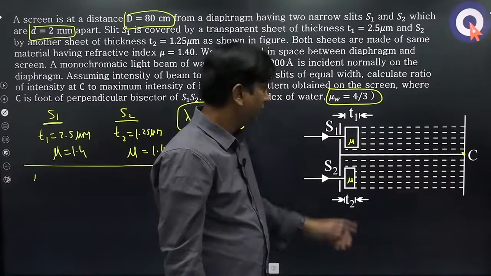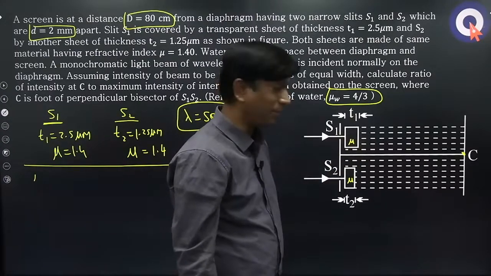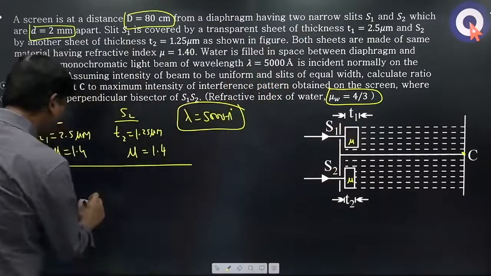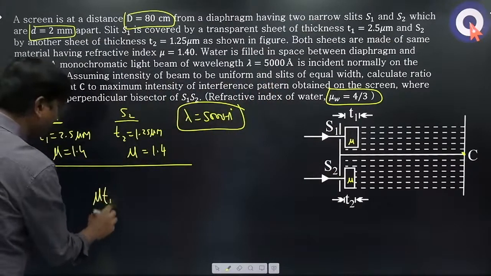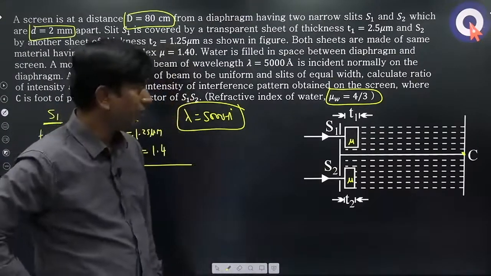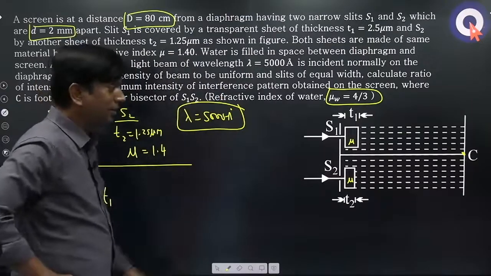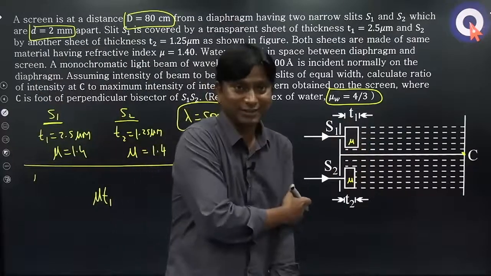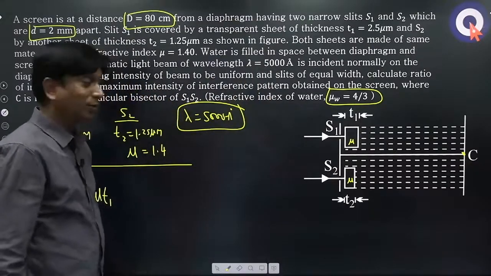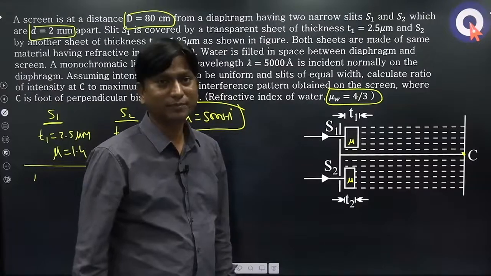The distance it is traveling in the slab is T1. So in air, will it not travel nu into T1, right? Nu into T1 in air, because of multiplying with nu. Okay, but the remaining is not air, right? So the remaining is water. So only because of this, what will be the path difference you will get?